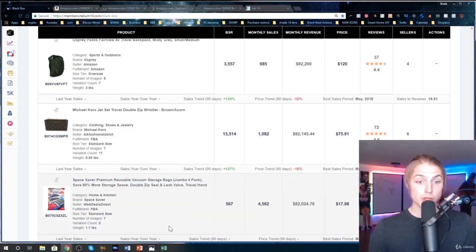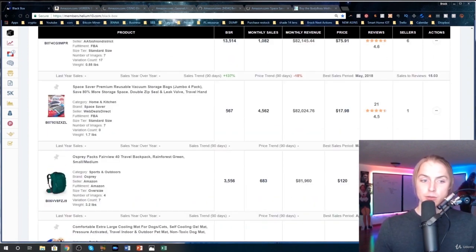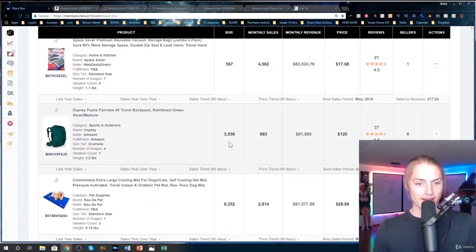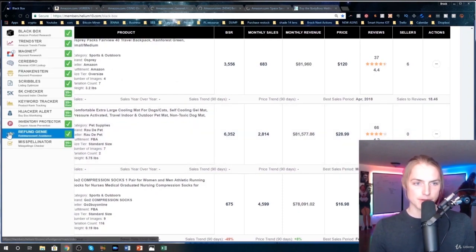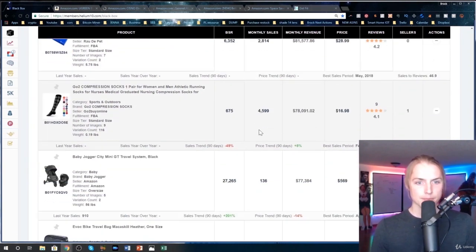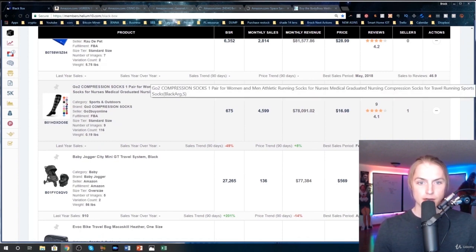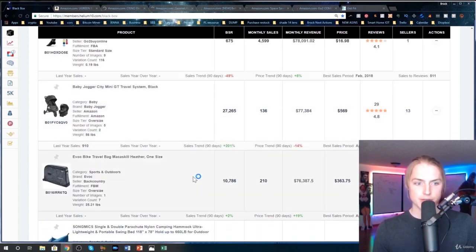Reusable vacuum storage bags. See, I always like the accessory market because that's where companies make a lot of their money. So maybe we could make a vacuum sealing portable, just for people that are traveling or organizing. I'm not going to skip pet mats. Those are huge. Socks. What are these? Travel socks or something? I don't know. That sounds kind of interesting.